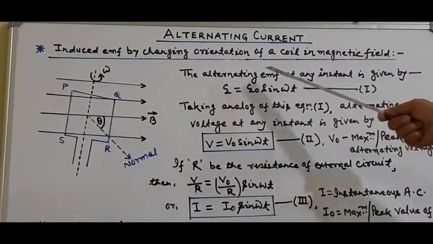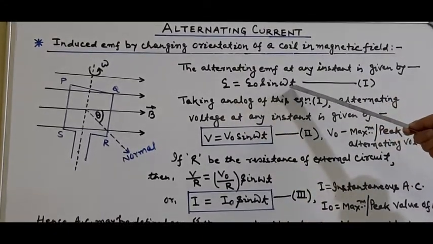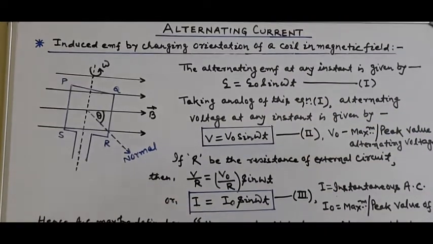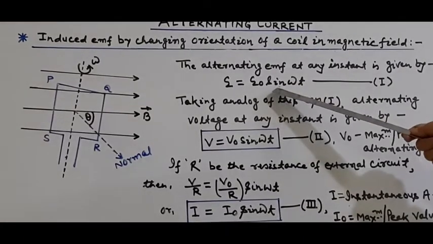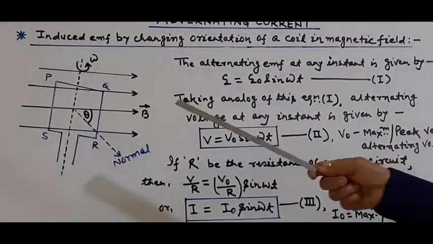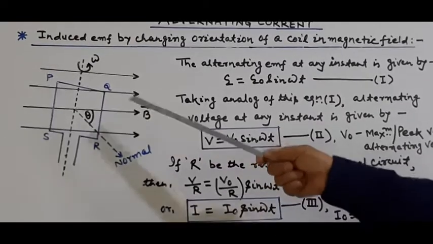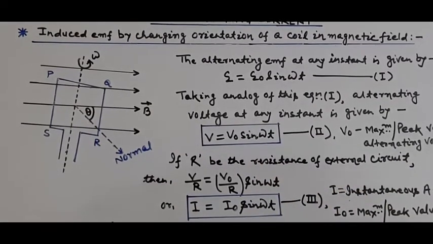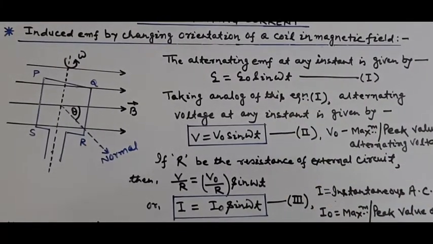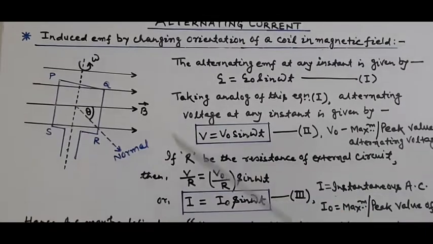And the alternating EMF at any instant is given by E is equal to E naught sine omega t. Already we have derived this equation with the help of this figure. So this is your alternating EMF at any instant of time. Students, when an external circuit is connected with the rotating coil, this induced EMF establishes a voltage across the terminals of the external circuit.